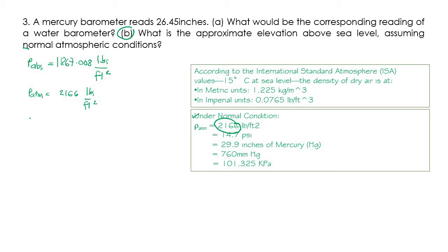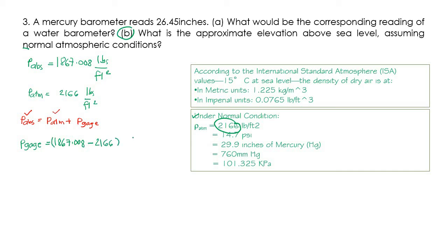Note that absolute pressure is equal to the atmospheric pressure plus the gauge pressure. We already have the value for the absolute pressure and the value for the atmospheric pressure. We can now solve for the gauge pressure. So our gauge pressure is the absolute pressure, 1867.008, minus atmospheric pressure, which is 2166.